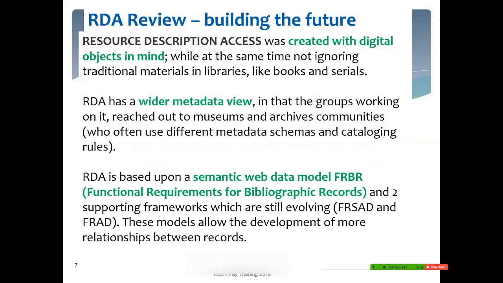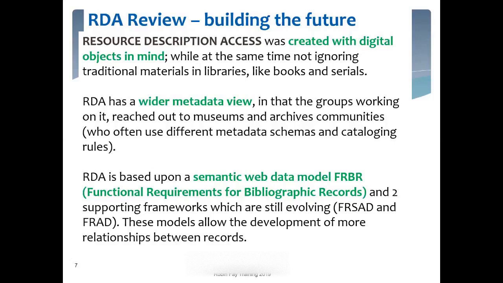So, RDA has been out for a while now, and it came from those three frameworks: the functional requirements for authority data, functional requirements for bibliographic records, functional requirements for subject authority data. Those were put into place, although it didn't all happen in a linear fashion.